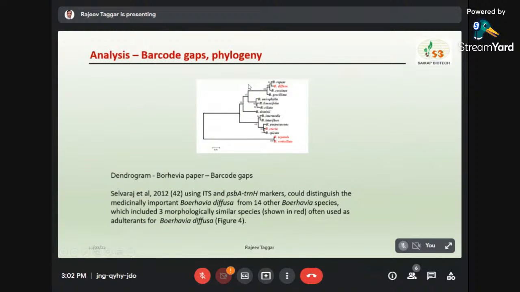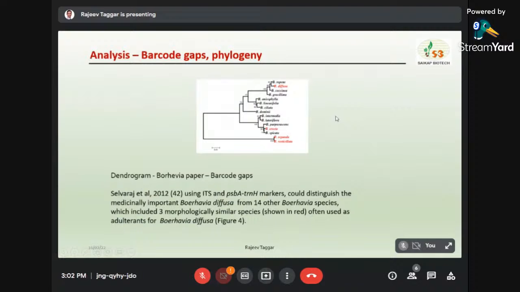The second will be making the dendrograms. Dendrograms will tell us where they are close, and they can show us the relationship: what is close to each other, which can form a different species, which individuals or populations fall in different groups. So they can also help in species identification.